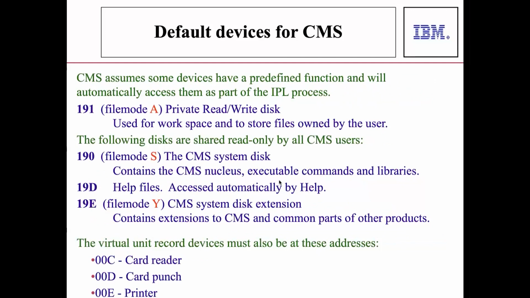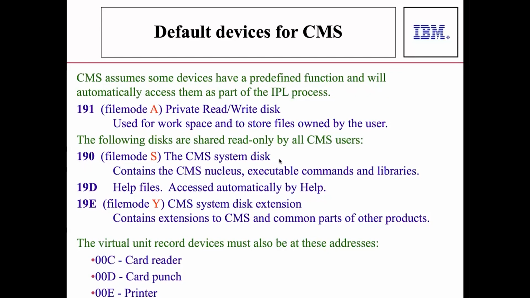So CMS assumes some devices. When CMS was first developed way back when, and it was called the Cambridge Monitor System, we think basically the machine that they had had these devices at these addresses. That's just how the system was set up. It would have been a 360 and all that. They had a string of DASD at 190 to 19F probably. And so they started using the 190 disk as the CMS system disk.